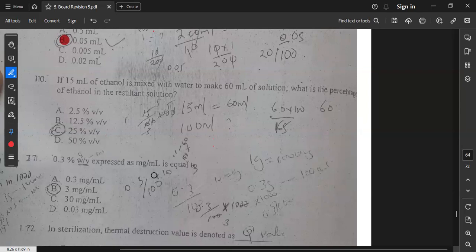So 25%. If anyone is stuck, please reach out.